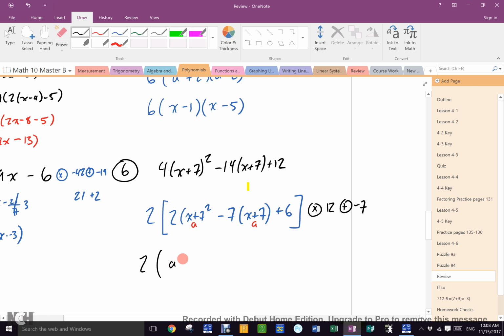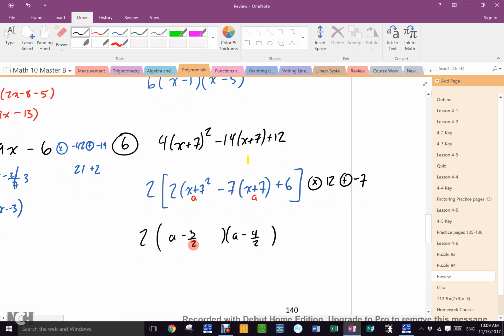Negative 3 and 4. So it's a minus 3 over 2 and a minus 4 over 2. What do I do with those fractions? Simplify if you can. Does that guy simplify? Can't simplify him. So it's 2a, but it's not a. What is it?